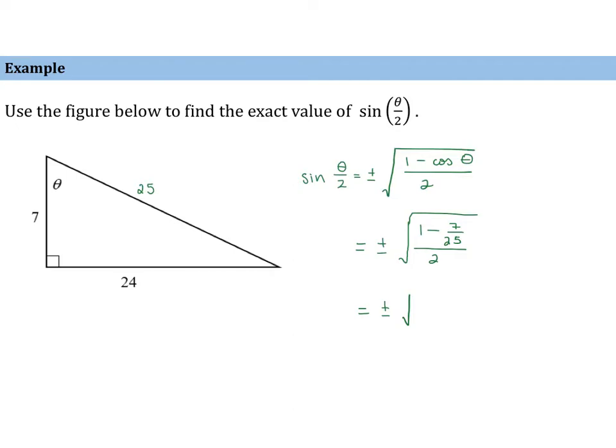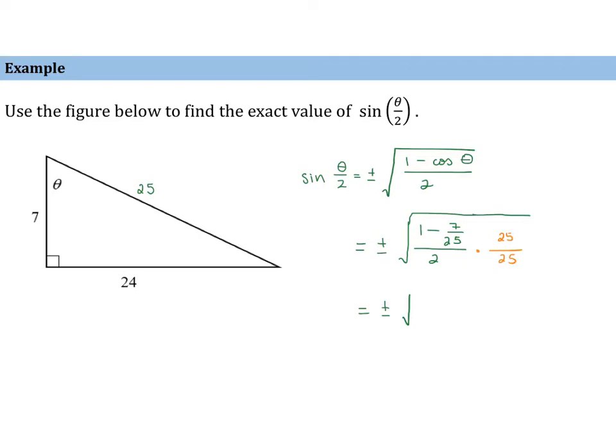Now, one way to simplify that radical is I'm going to extend the radical, and I'm going to multiply the numerator and the denominator by the LCD. But I only have one denominator, 25. This 2 has the denominator of 1. So I'm going to multiply the numerator and the denominator by 25.